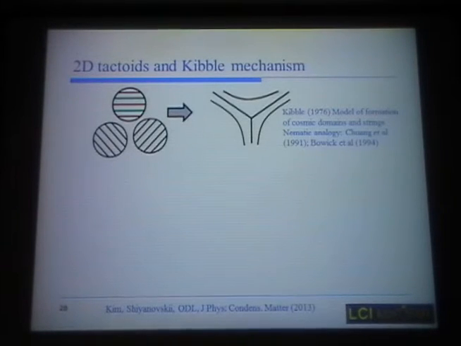And finally, the interesting thing is that you probably heard about these analogies between liquid crystals, defects and cosmology. So many years ago, Kibble proposed a mechanism by which you can explain the formation of cosmic strings. They are nothing else but disclinations that form when two bubbles of new phase collide in the universe, and there is a chance that they collide in such a way that they form a disconnection.